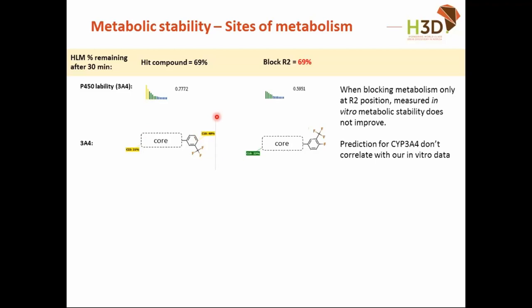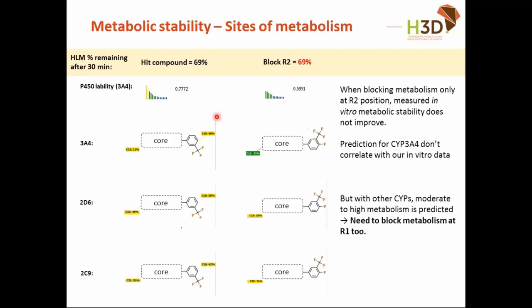And we tested our compounds again in our assay, but unfortunately we had similar metabolic stability. So here the prediction from StarDrop and the result from the measured metabolic stability didn't quite correlate well. But if we have another look at the prediction using different SOMs, we see that metabolism is likely to occur on the left-hand side, which can explain why the metabolic stability wasn't great in our assay.